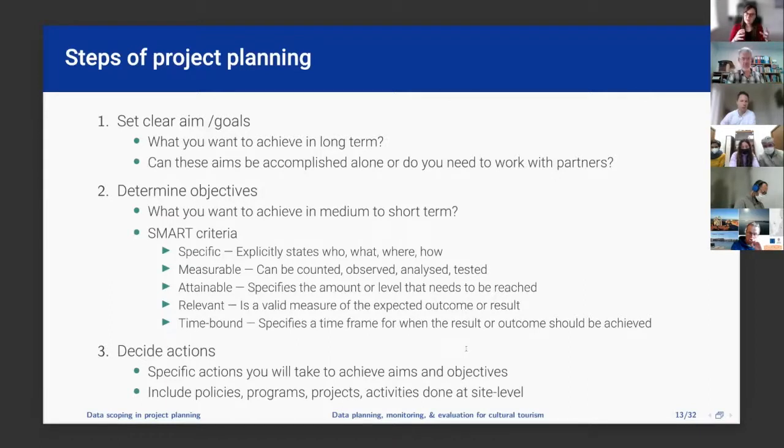So once we have these longer term goals, these shorter term goals, we need to decide our actions. What are the specific actions we're going to do to achieve these aims and objectives? This is any kind of policy, programs, projects, activities, can be things done very localized at the site level. It can be with partners, but they're very specific actions that we're taking to achieve our objectives.